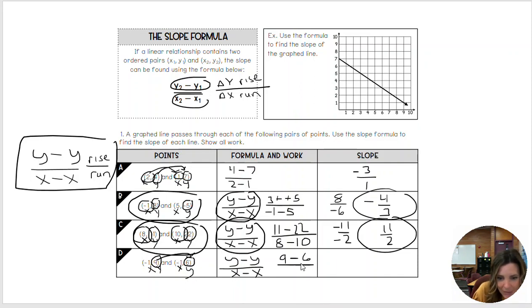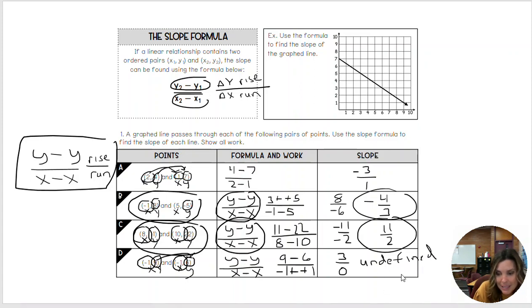And then we have to do our x minus x, so negative 1 minus a negative 1. When you do this one, you have to be super careful because you have a negative 1, then you need your subtraction sign, and then you need a negative 1. What's going to happen here is this is really going to be adding a positive, so you end up with 3 over 0. Anytime you have 0 underneath your fraction, you say that is undefined.